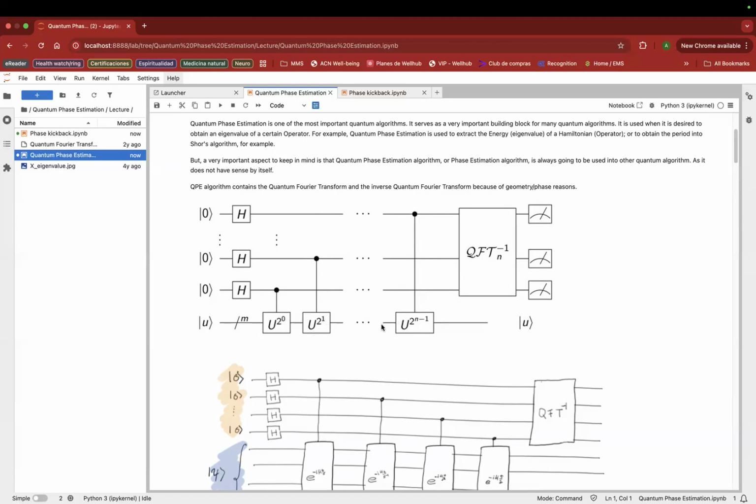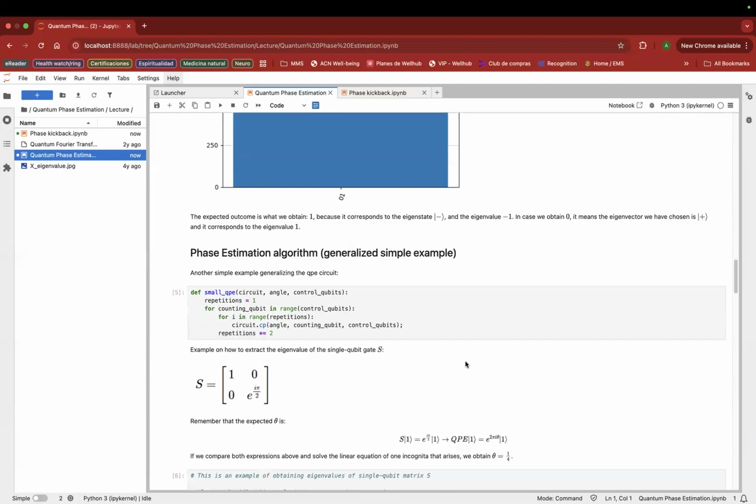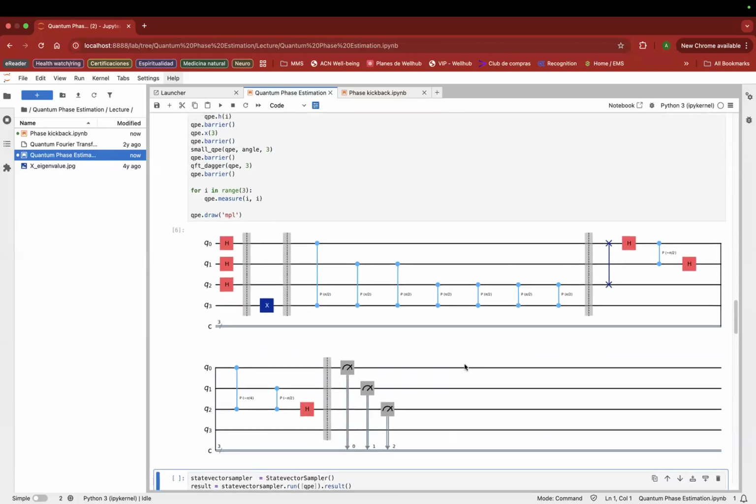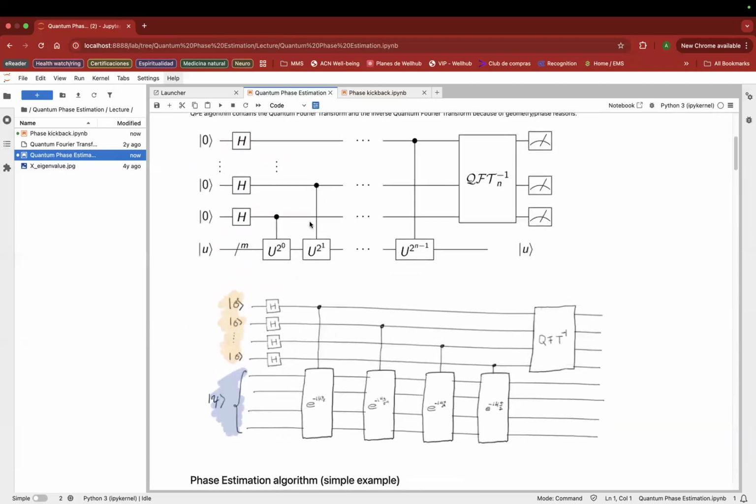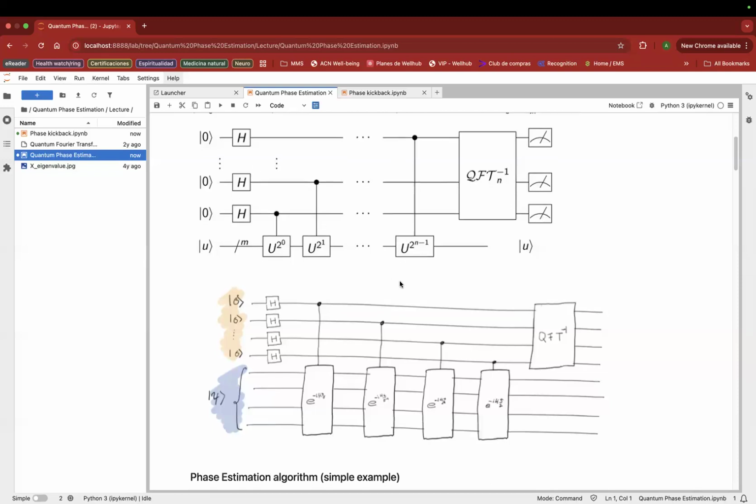If we want a precision of 3, we need to apply 7, because this is 0, 1, and 2. And this is applied to control qubit 0, to control qubit 1, to control qubit 2, etc.